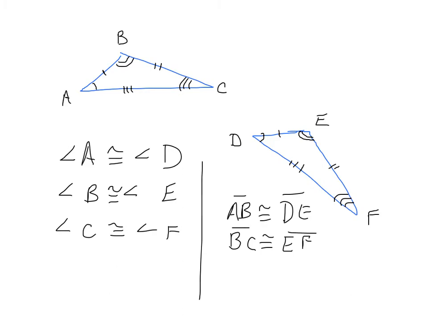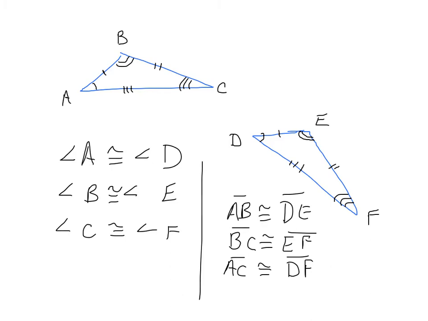And AC and DF are congruent to each other. So AC and DF are also congruent to each other. Alright, so it looks like we have three pairs of corresponding congruent angles and three pairs of corresponding congruent sides, which means our triangles are in fact congruent.